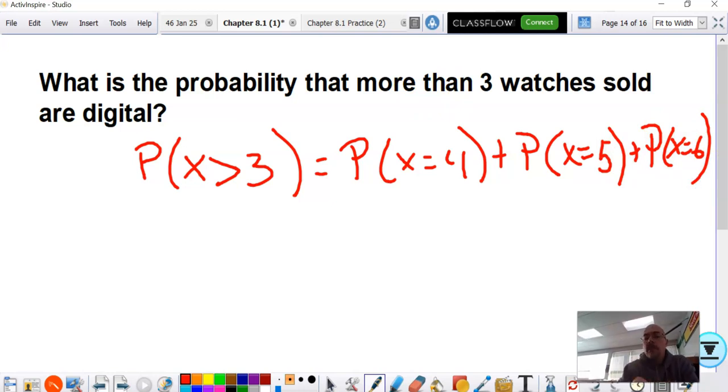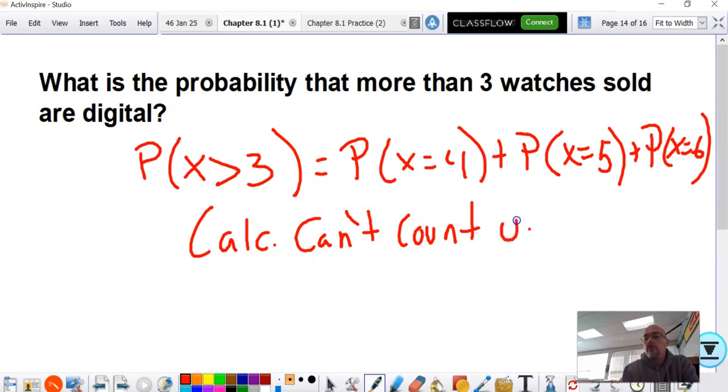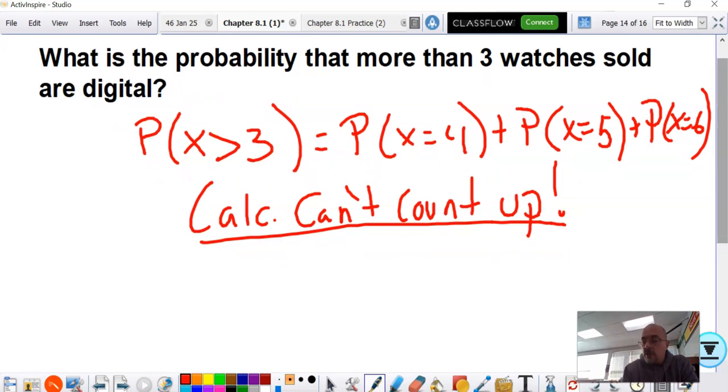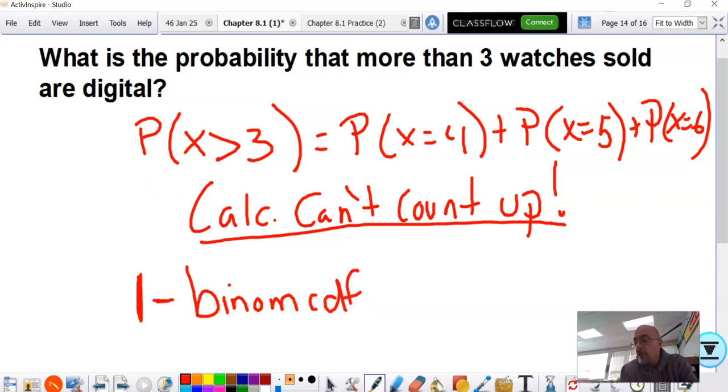But the calculator cannot count up. Okay, it can only count down. So what you have to do in this scenario, ladies and gentlemen, is you have to use the complement. You got to go 1 minus the binomial CDF. And again, don't write this notation on a test.